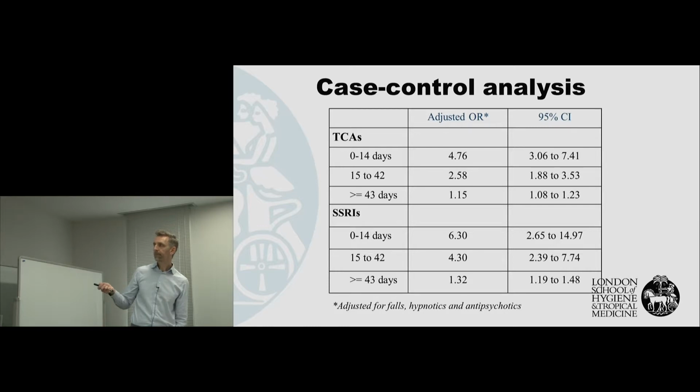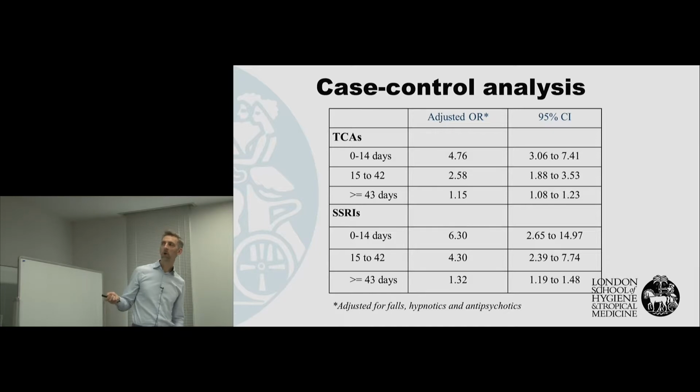We notice that the confidence intervals for both of these estimates are quite broad and they overlap each other. But still, the results are consistent with maybe a higher association for SSRIs, a worse association than for tricyclics.